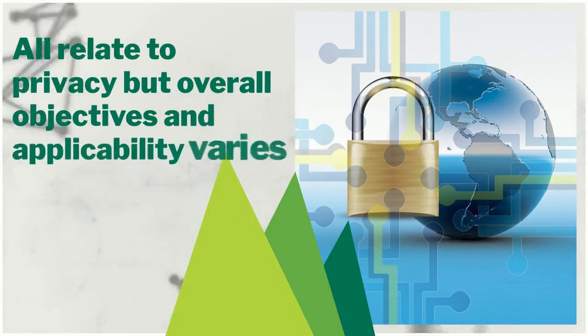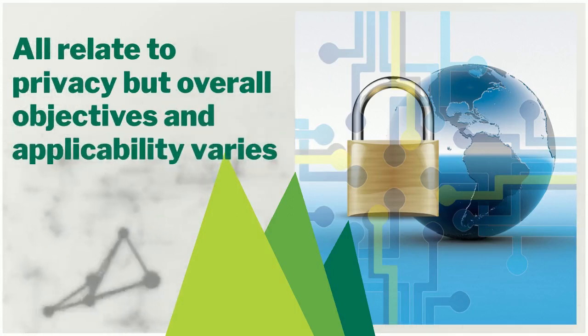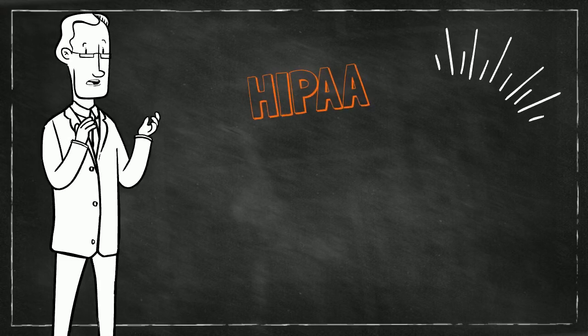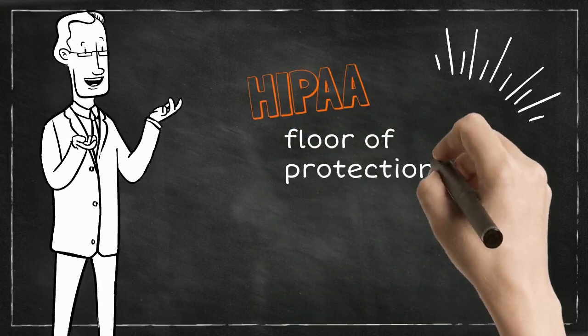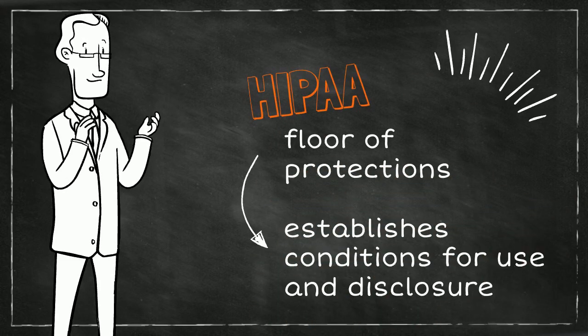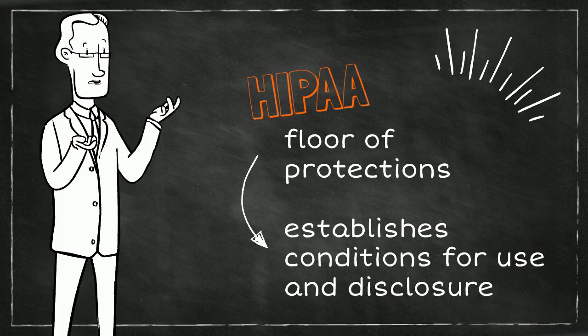It means that while all of these federal and state regulations relate to privacy, their overall objectives and applicability varies. The overall objective of HIPAA is to establish a federal floor of privacy protections for most individually identifiable health information by establishing conditions for its use and disclosure by certain healthcare providers, health plans, and healthcare clearinghouses.